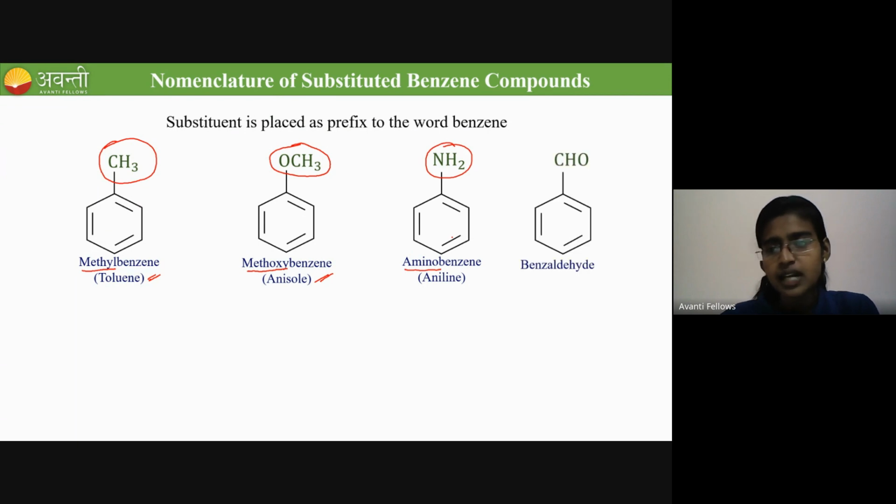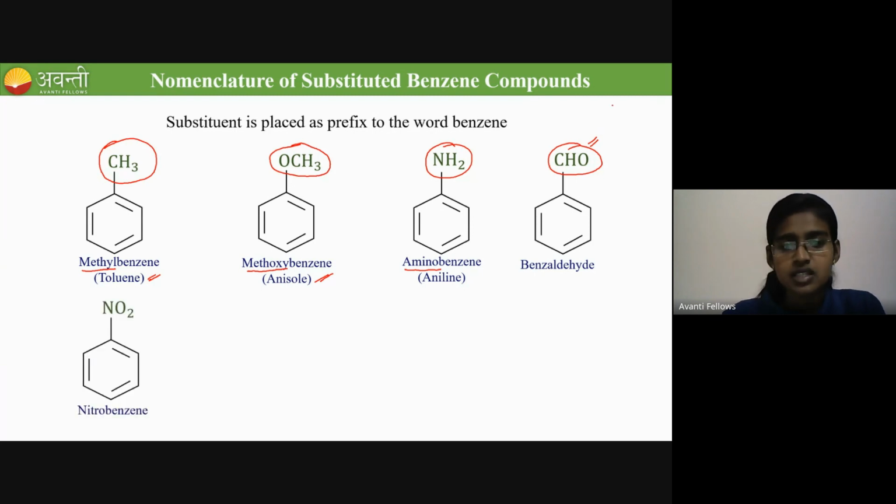And this is the aldehyde group. Aldehyde CHO is not a prefix, right? This is not actually a substituent. This is the main functional group. So you should not put it as a prefix; you have to end it with the suffix. So it is benzaldehyde. And this is NO2, which is the nitro substituent. So nitrobenzene and bromobenzene.